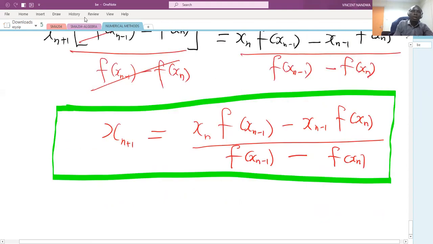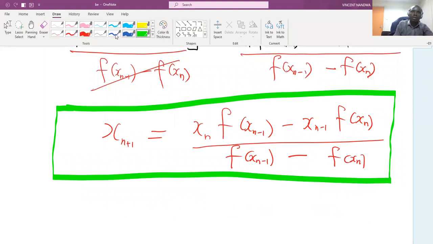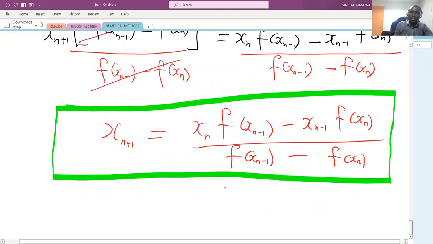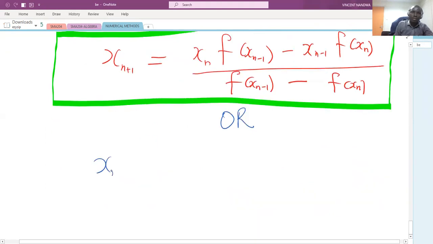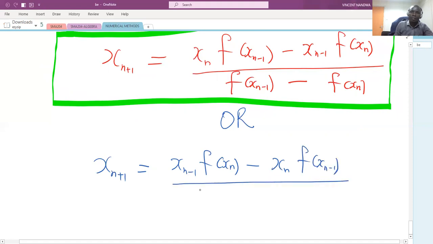Or if you multiply both the numerator and denominator by a negative sign, the same formula can be written as xn plus 1 equals xn minus 1 f of xn minus xn f of xn minus 1 divided by f of xn minus f of xn minus 1.